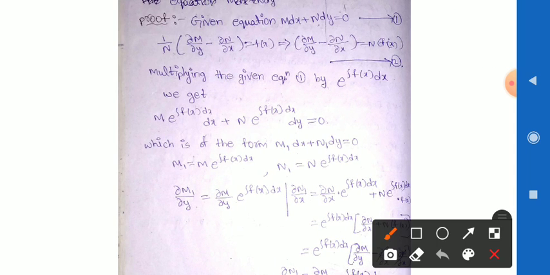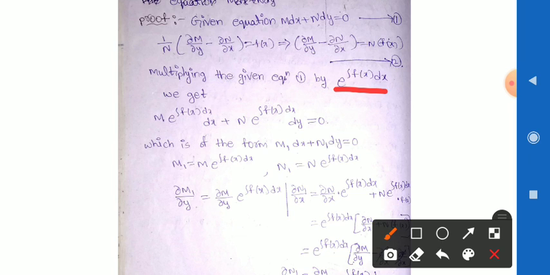This means e raised to the integral of f(x) dx is an integrating factor. Then I am checking whether M1 dx plus N1 dy is exact.